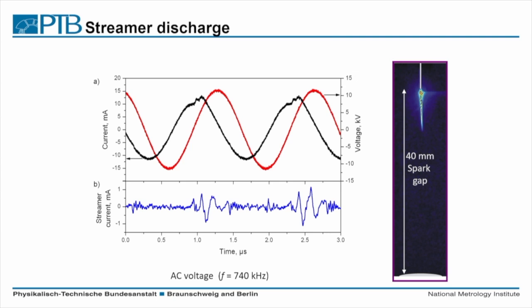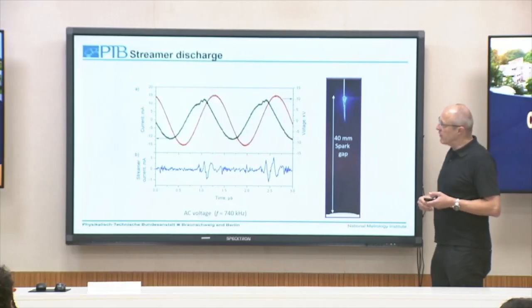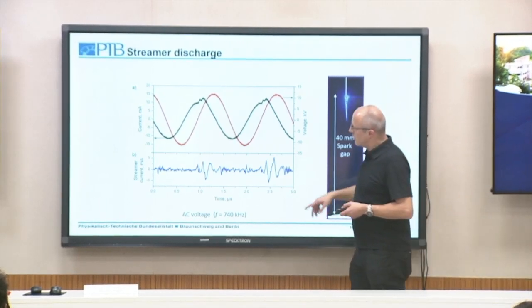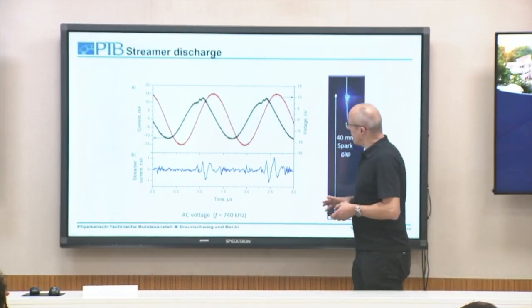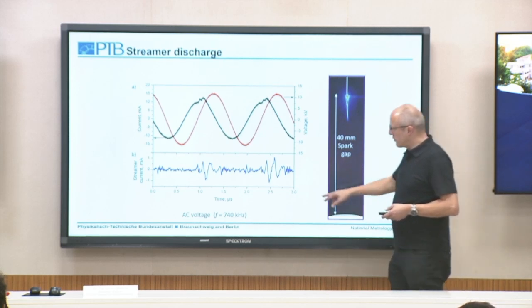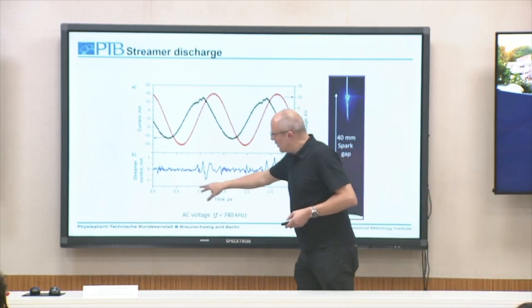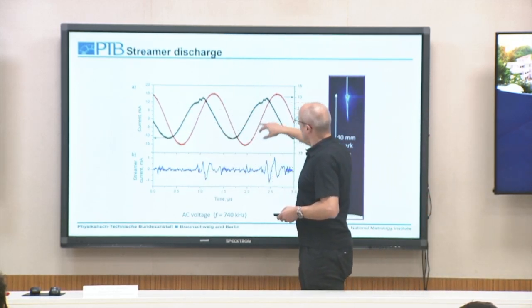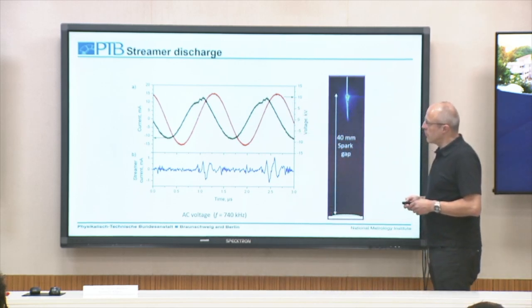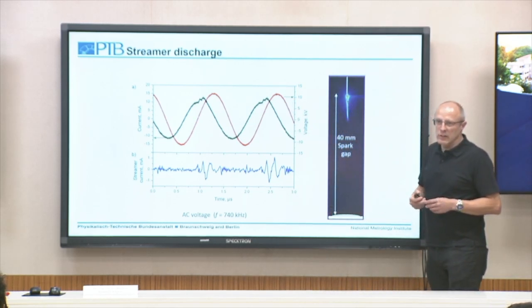An example here is a streamer discharge. So we have an AC voltage which changes polarity very fast. So here we have 3 milliseconds, you see, so we have a frequency of eventually megahertz.